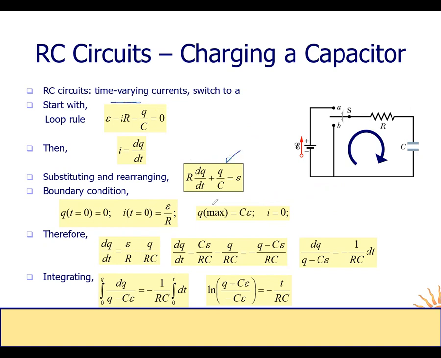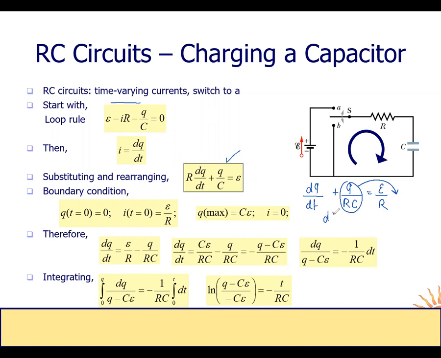I want to simplify the calculation, so we can divide by R. We get dq divided by dt plus q divided by RC equals E divided by R. Okay, and we can put this term at this side.